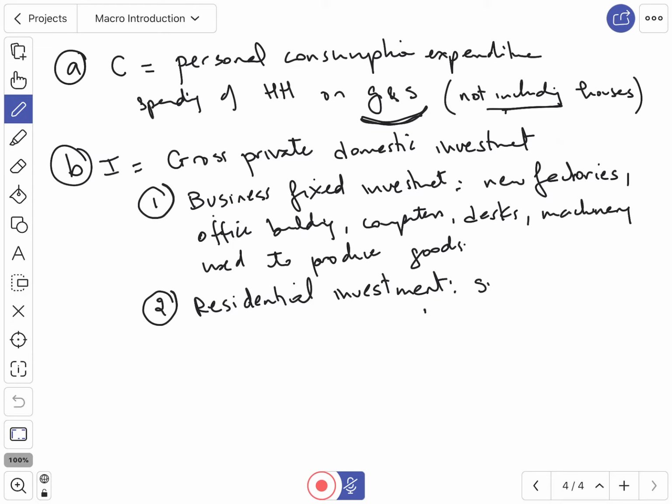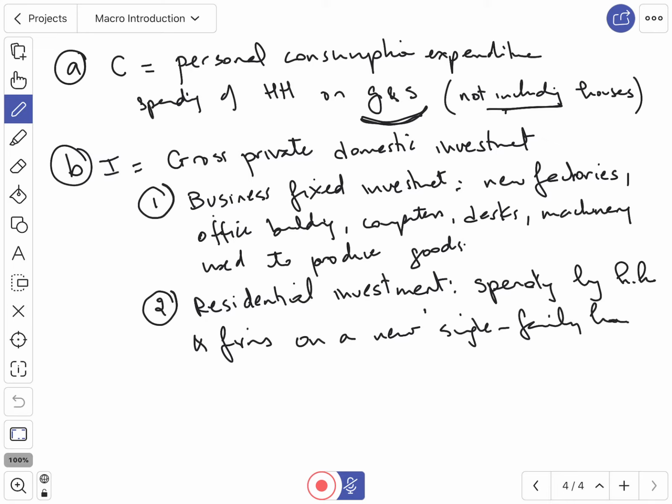Whenever you spend, whether the spending is by households or firms, on anything new, make sure it's something produced within the year, let's say a single family house or multi-unit houses, all these are considered residential investment.